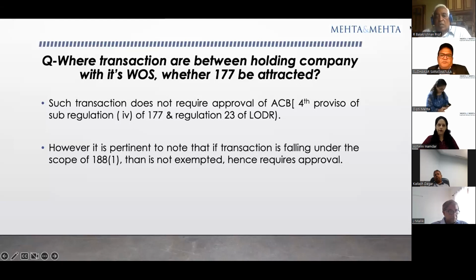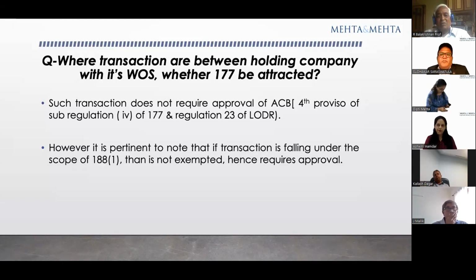Yes, sir. Can the board give an omnibus approval to the RPT in case of an unlisted company? Board cannot give omnibus approval, because the board's power comes only in 188. Even if a company does not have an audit committee, that does not mean audit committee responsibilities will be discharged by the board.